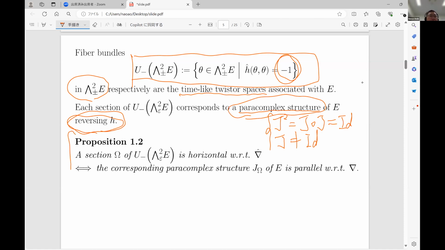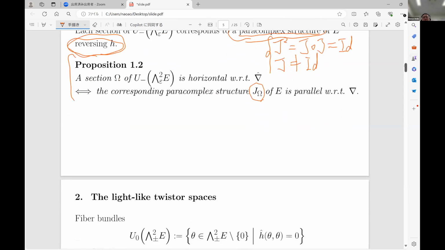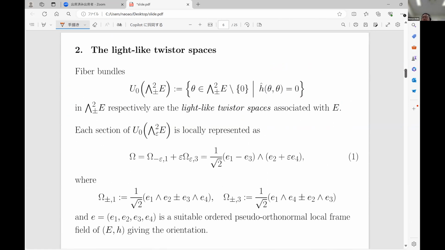Then we have this proposition. A section of a time-like twistor space is horizontal with respect to nabla hat if and only if the corresponding paracomplex structure of E is parallel with respect to nabla. In these subbundles, we also consider these subbundles.